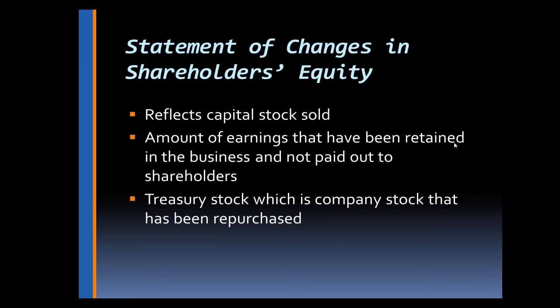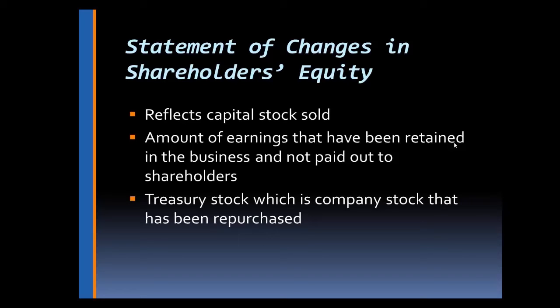Treasury stock is stock that the company has gone out into the open market and purchased, and they are retaining in the treasury for some future use. They may choose to issue this stock in a merger or acquisition of another company, or they may ultimately retire it. It is basically an investment the company has made in their own stock.